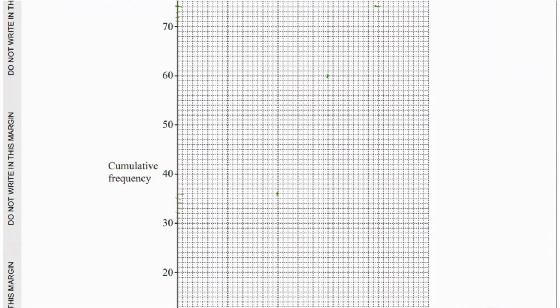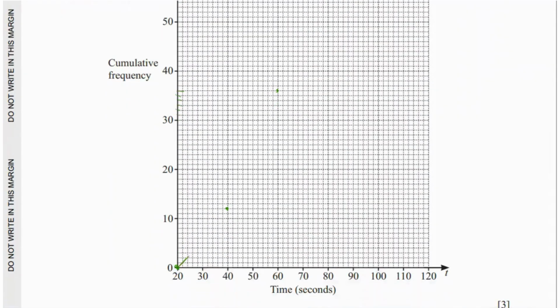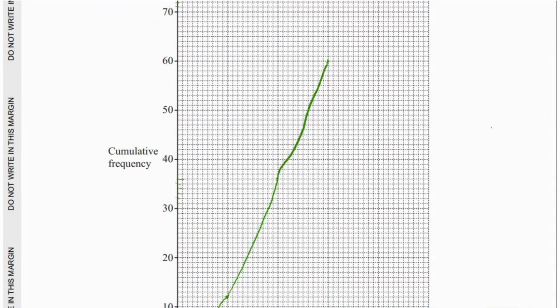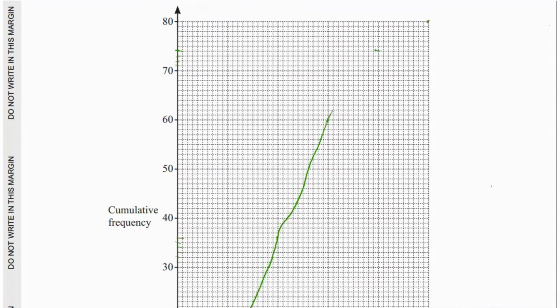So now we connect the points. Drawing a really ugly graph, but let me fix this. Okay, that is a cumulative frequency graph.